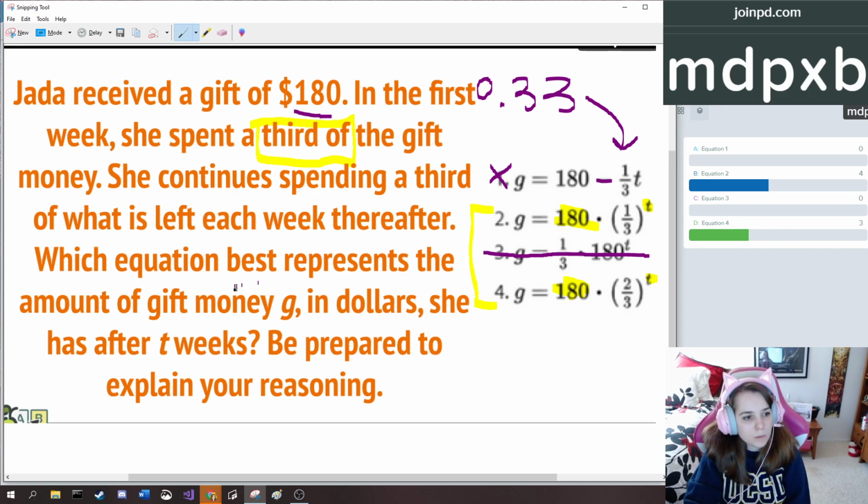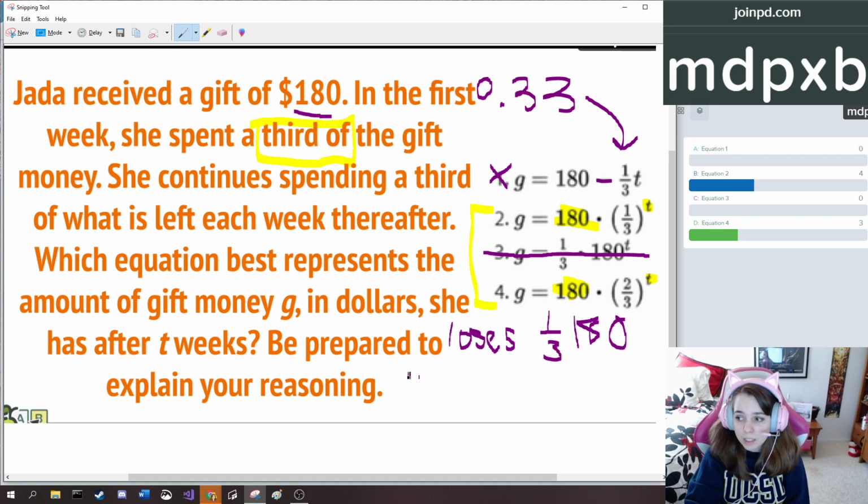We have to see what the words are saying about this 1/3. She continues spending a third of what is left each week thereafter. That means she's losing a third each week, which means there's 2/3 remaining. If she loses 1/3 of 180 each week, there's going to be 2/3 of 180 remaining.